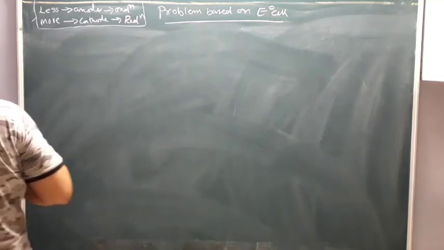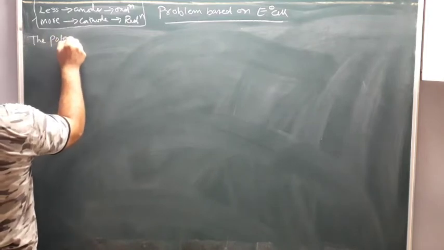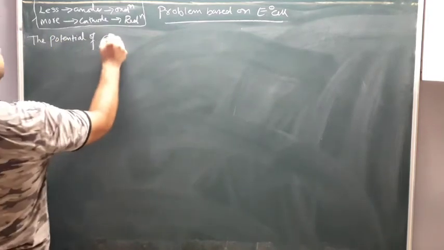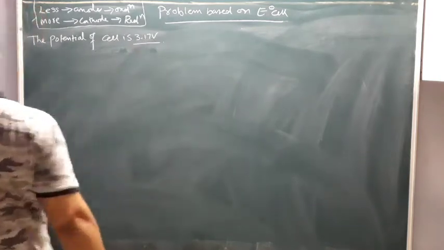If you note down another question, the question is: the potential of the cell is 3.17 volt. Clear?